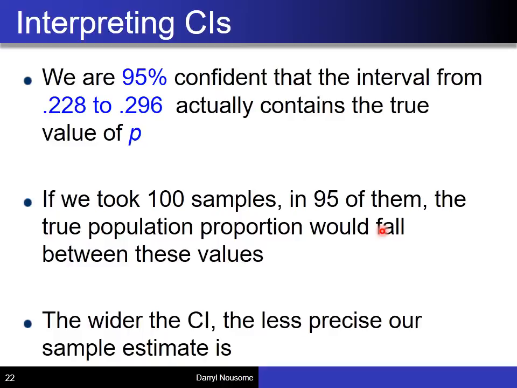The wider the confidence interval, the less precise our sample estimate is, right? So if your point estimate was 0.26, and you got a confidence interval that was 0.25 to 0.27, you're pretty close at estimating the true population parameter, right?